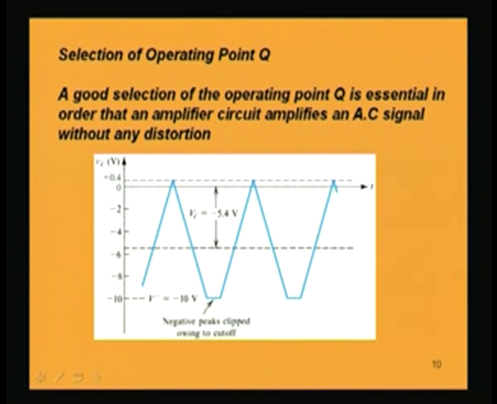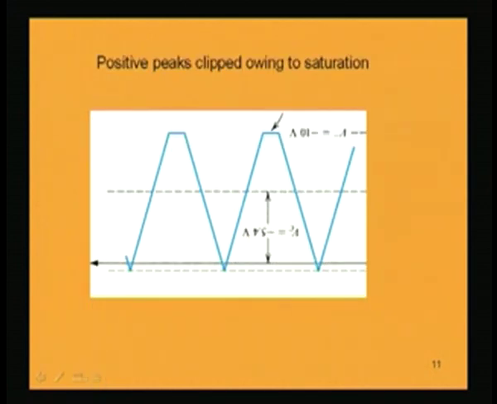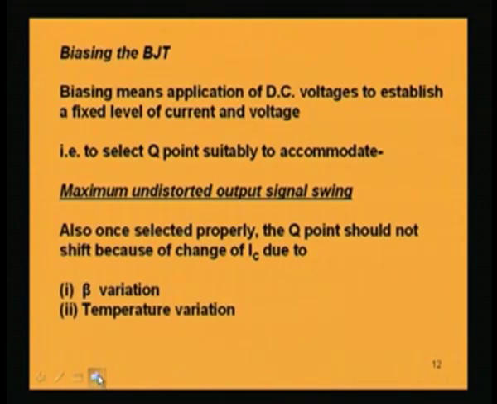And if we have the operating point very near to the cutoff, then we get a clipped off version in the positive swing. So, the output signal will be like this, there will be a clipping off of the positive part of the signal, and we do not want that.